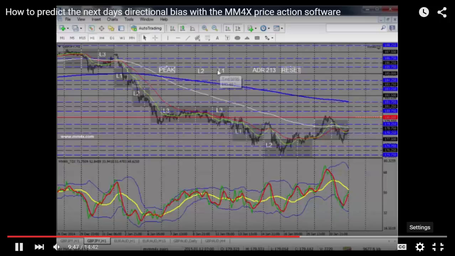So I'll call this level 1 because it's the first move in the opposite direction of the previous move.